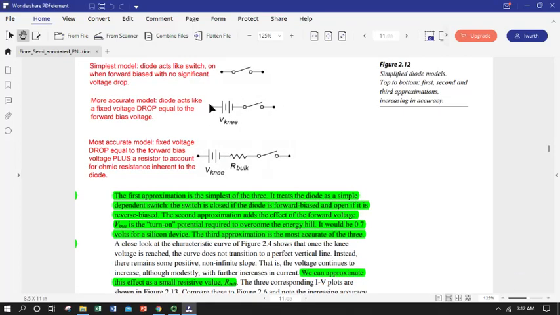A more accurate model is a voltage source plus that voltage controlled switch. The reason we have a voltage source is we're now accounting for the fact that we dropped some voltage climbing that energy hill at the PN junction, and that's what the textbook author Mr. Fiore means with the V knee.